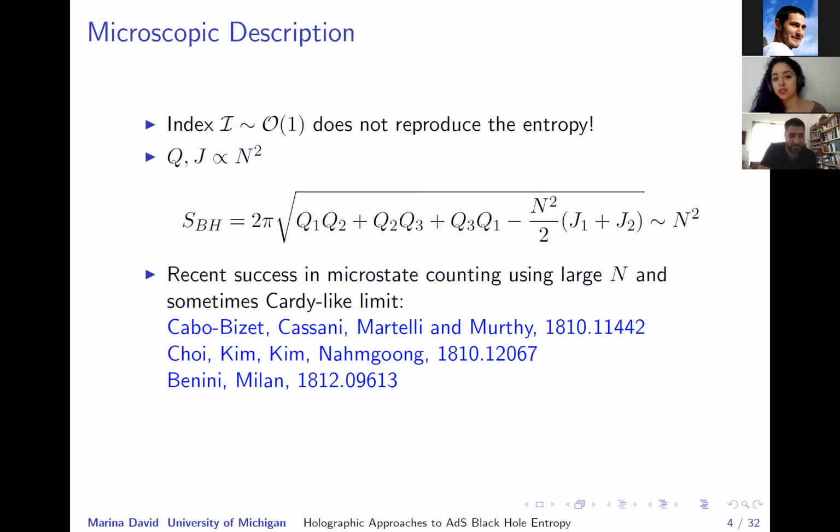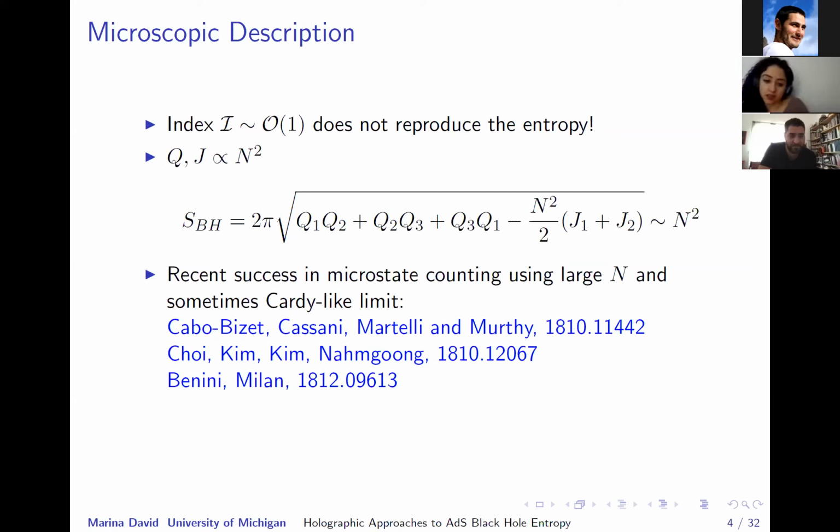So if you look at the index in the large N limit, you'll find that it is of order 1, whereas the black hole entropy, which scales as N squared, is not of order 1. So there is a mismatch in scalings, and this cannot reproduce the entropy.